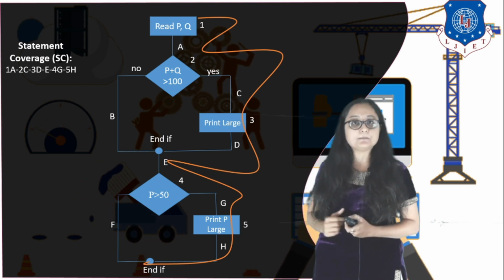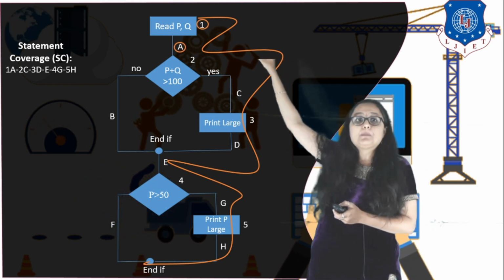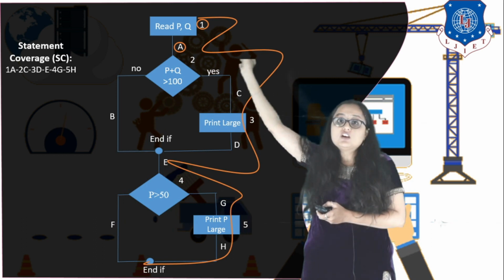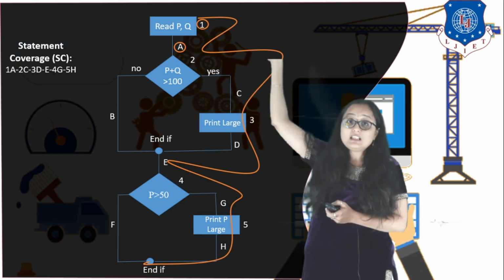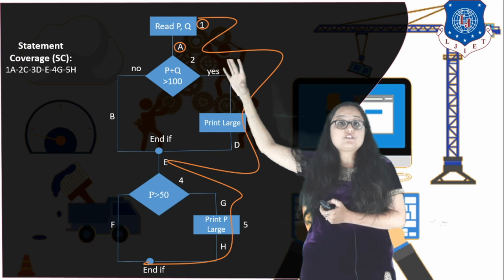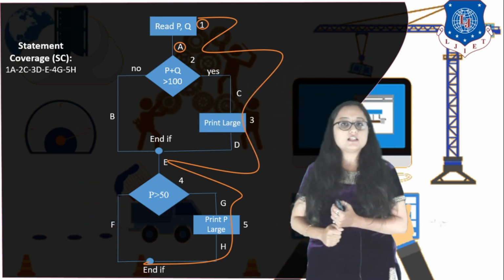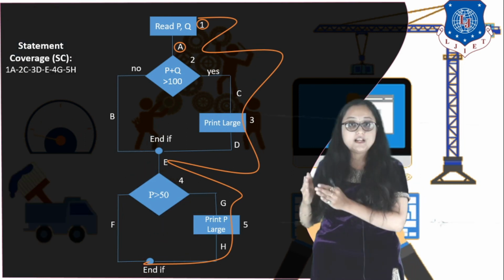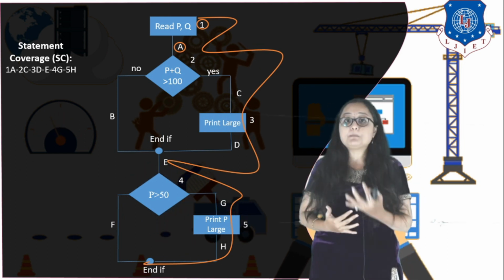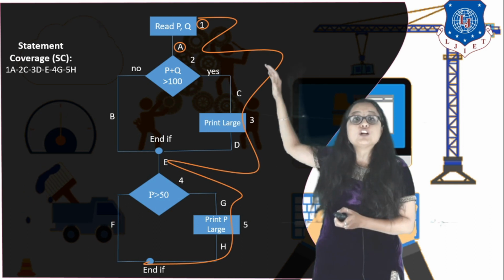How? Let us see. So the first path is 1A. It means the first statement is being executed, and then the control edge that we are following is edge A. So you can see in the path I have written for statement coverage 1A. After 1A, what is the path that I am following? Yes, 2C.